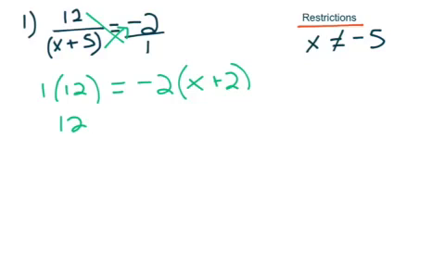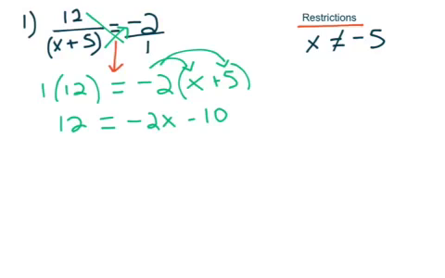Do not forget to bring down that equal sign. That's the mistake I kept seeing this last week. We're going to distribute. So -2 times x gives me -2x. -2 times 5 is -10.